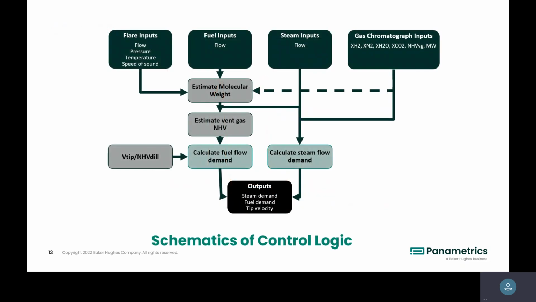Basically, for Flare.IQ to operate, we don't have to rely on the GC input to optimize. However, what you said is about accuracy. For reporting purposes, yes, you need GC for that. If within the 15 minutes window or whatever response time of the GC you have a lot of variation in hydrogen content, one downside for Flare.IQ is we don't get the details of the content.